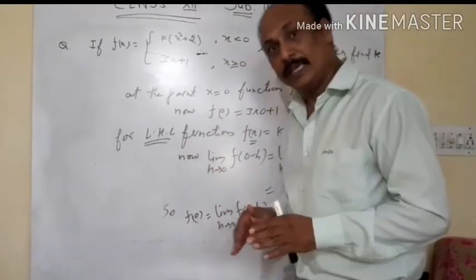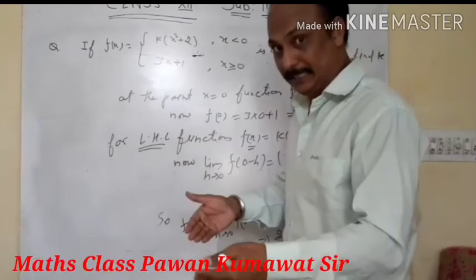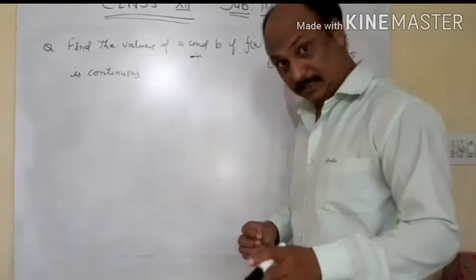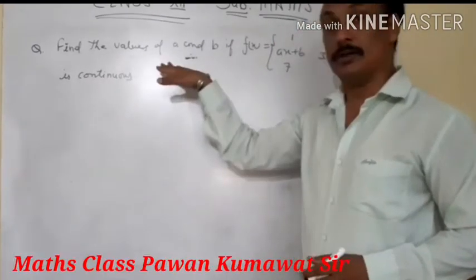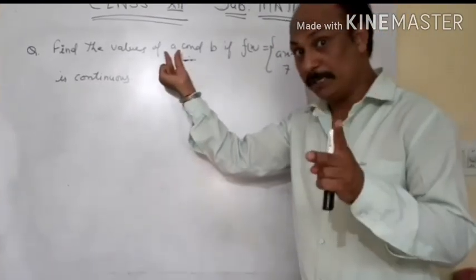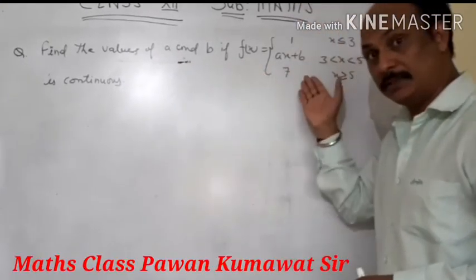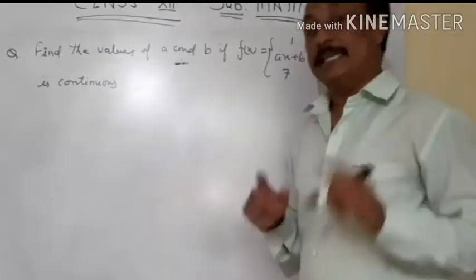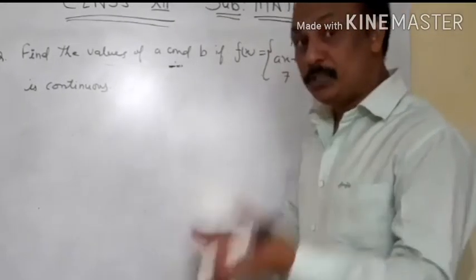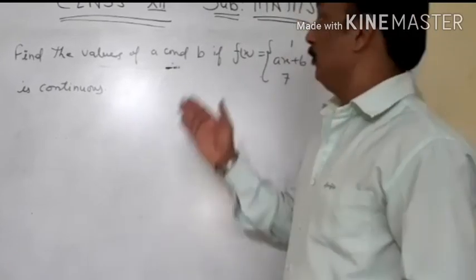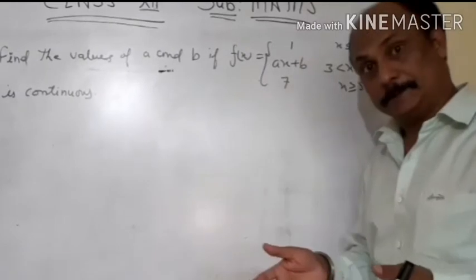Okay then, I am taking another question for practice. In this question, find the values of the two arbitrary constants a and b if the given function is continuous. Beta, first of all we should check at which points we discuss continuity in this given function.